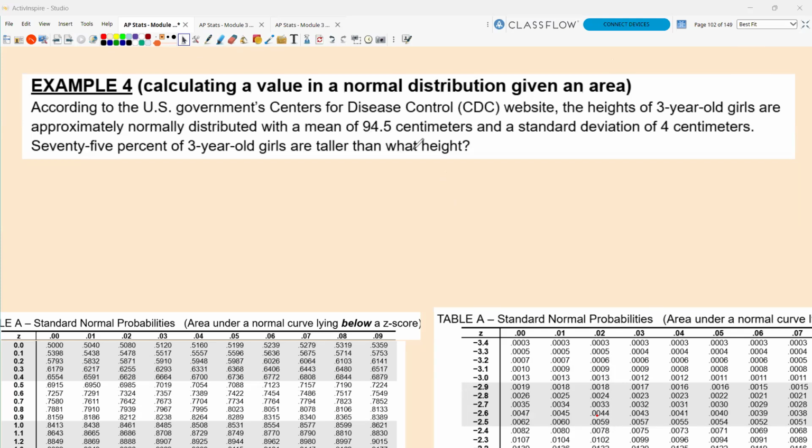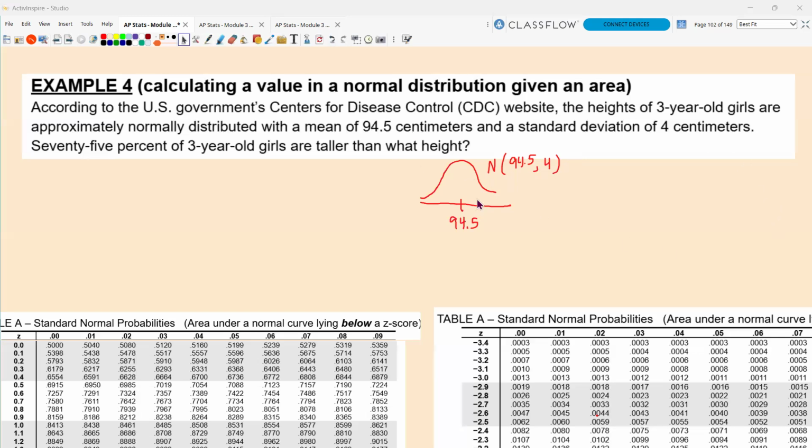So we're going to draw our sketch out. We're going to label our mean, but we don't know the value, so we're going to write 94.5, comma, 4, because that's our mean and standard deviation. We have to make sure we read this carefully.